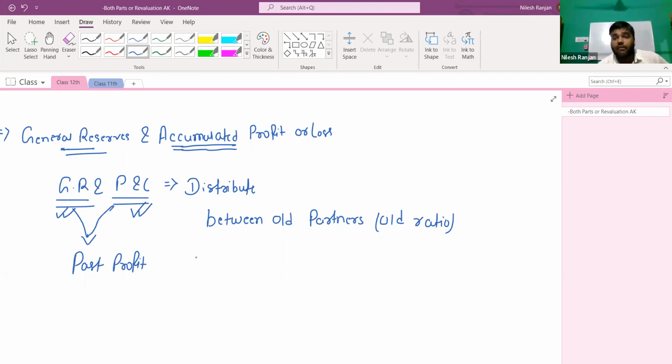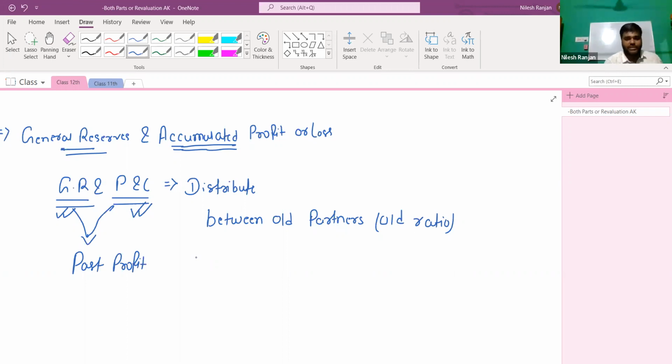We have to adjust our capital account. Whenever the question asks you to do the opposite of what we do generally, we have to pass a journal entry through the capital account.